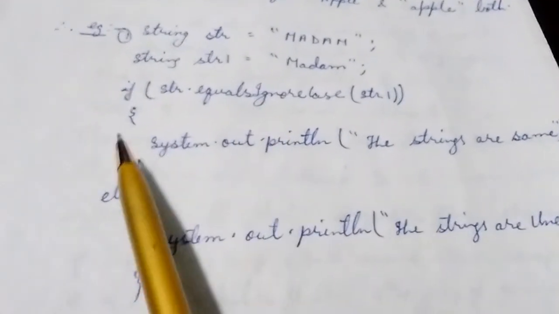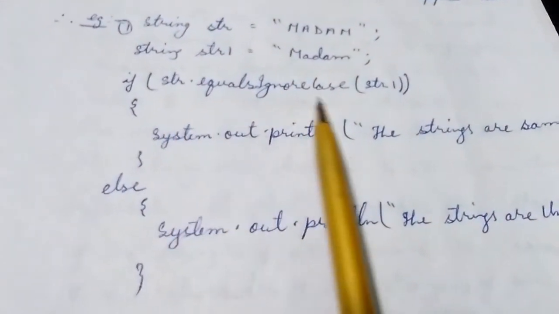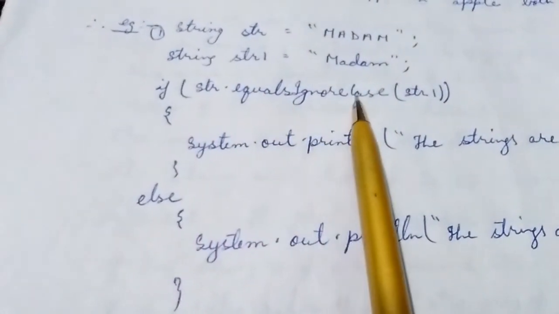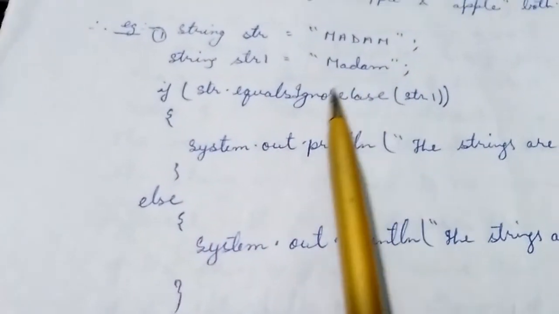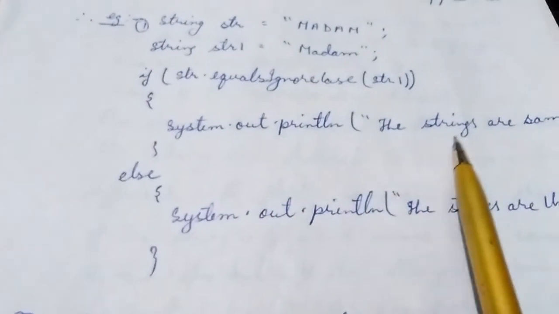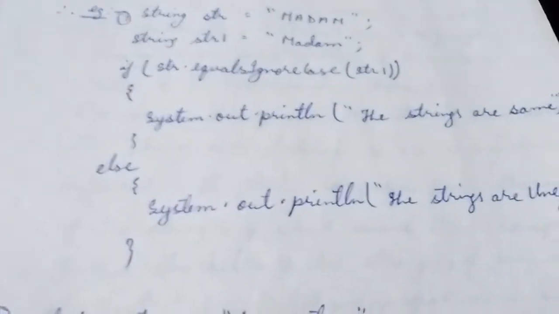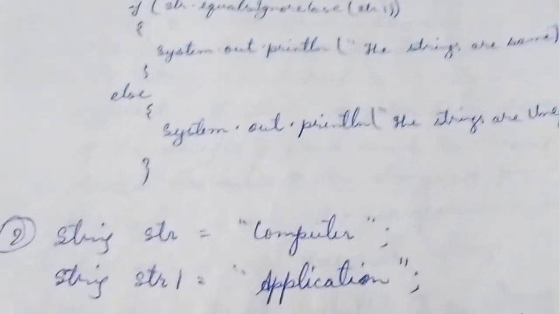So in programming, we write it like this: if str dot equalsIgnoreCase str1, then it will print the strings are same. If it returns false, then it will print the strings are unequal.